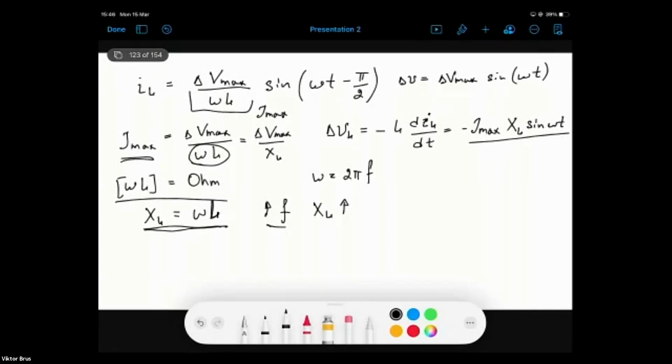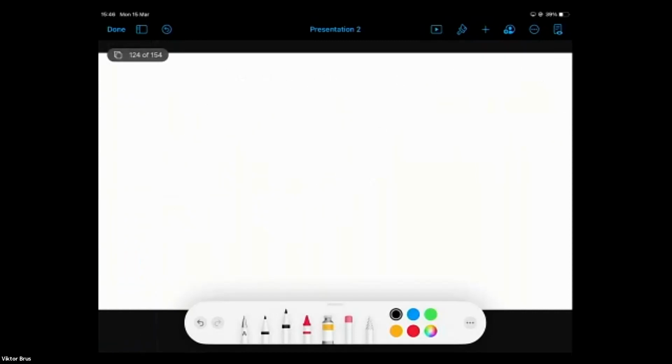Okay, so now let us consider one more component of the alternating current circuit, and that will be a capacitor. So we have some AC power supply connected to a capacitor C. So here we have voltage drop delta VC.